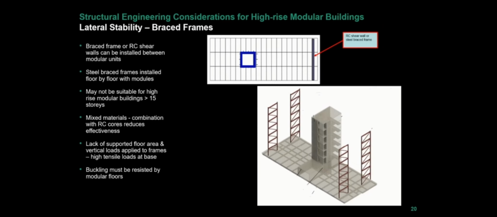So once you go above 15 stories, the tensile loads in them get quite big, and we can't generate the mass of the building to hold those frames down. And as well, when they're mixed with a concrete core, because you're mixing materials, the stiffness of the concrete core is significantly higher than the steel frames in general. And sometimes they don't reduce the connection forces to the core as much as we would like, due to the high level of stiffness of the core versus small steel frames.